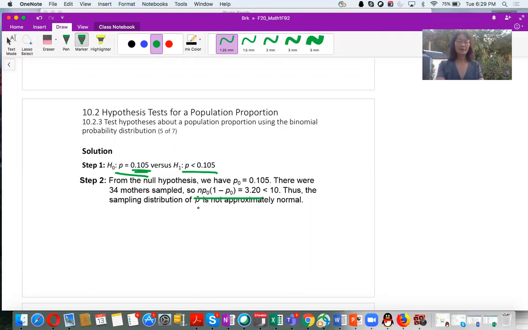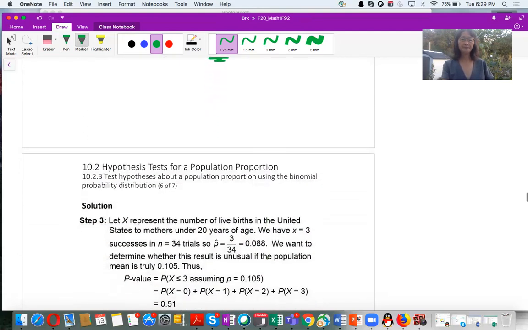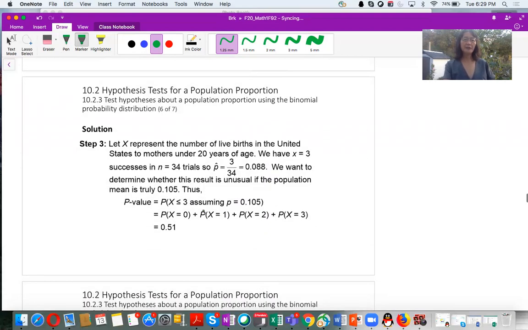So the sampling distribution of p hat is not normally distributed. So what do we do? If it is not normally distributed, we need to use this method here.